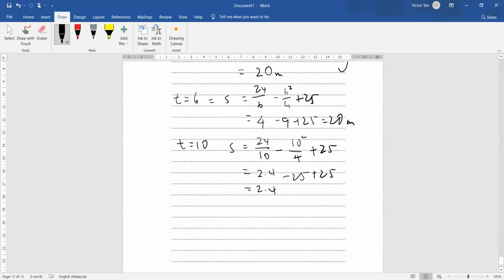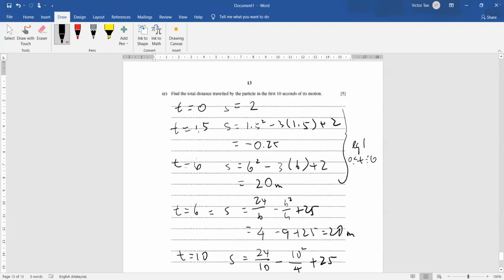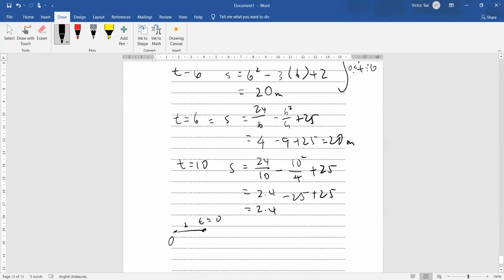Okay. So this is the fixed point. T equals 0, it's at 2 meters displacement. So it moves back to minus 0.25. At t equals 1.5, it turns back.